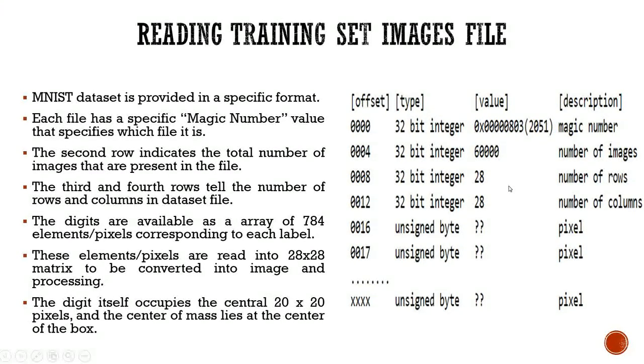The MNIST dataset is provided as rows of a 784-dimensional array of pixels. You cannot just make an image out of that, so you first need to convert it into a 28 by 28 matrix, and then you can form a grayscale image using that matrix. And then you have the pixels, which are unsigned bytes. That's the format of it.